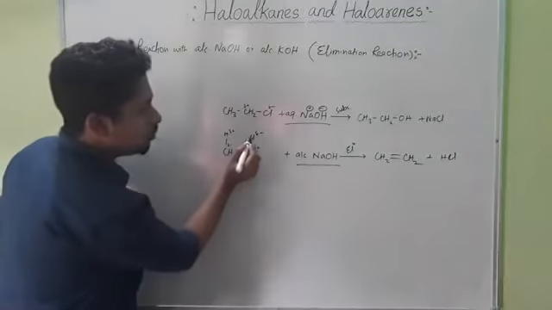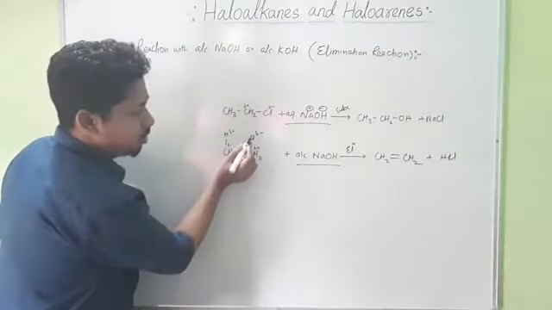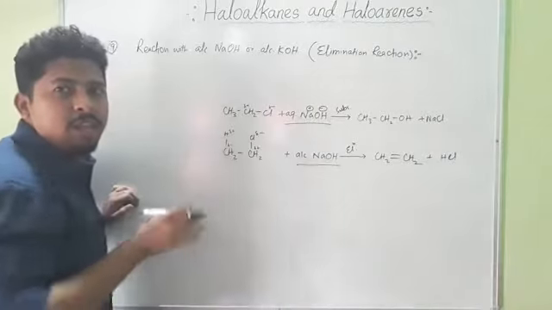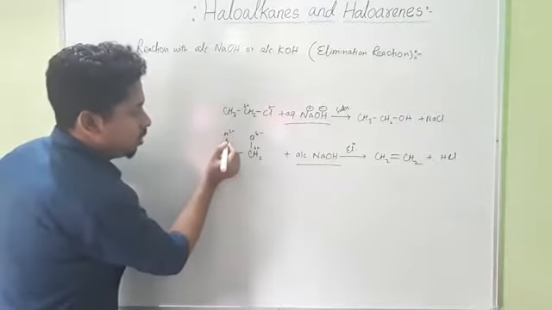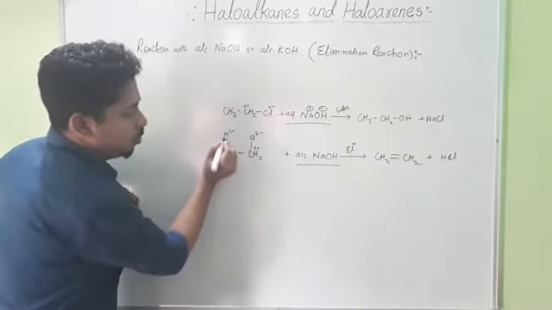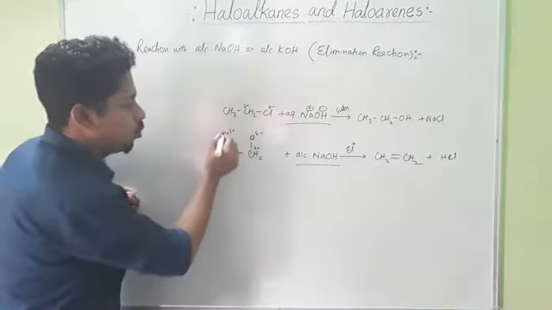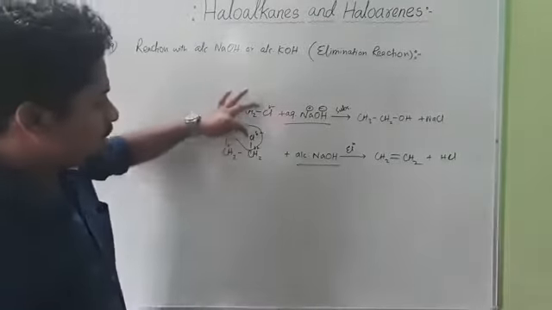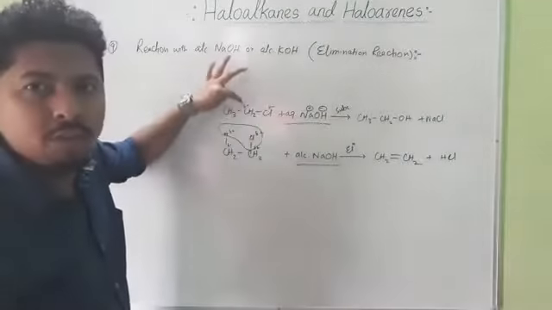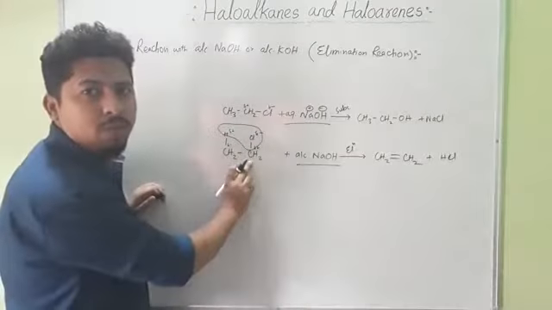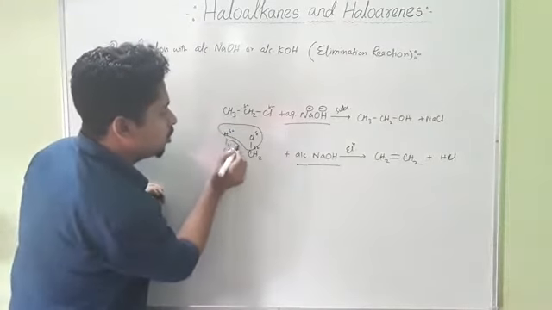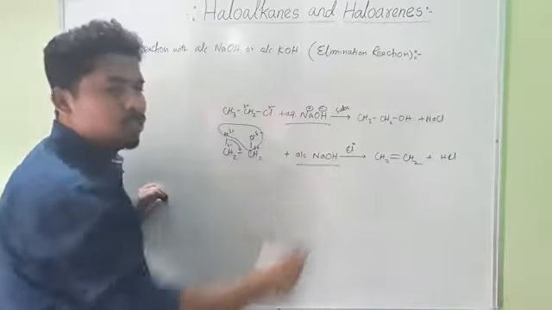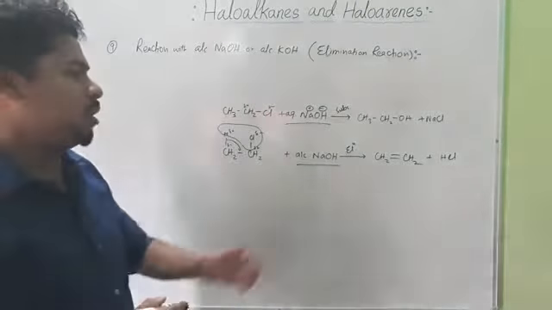When the chlorine leaves, it takes the bond with it, and when the hydrogen leaves, it leaves without taking the bond. So an HCl molecule is removed. As the Cl leaves with the bond, this carbon becomes electron deficient, so the bond shifts and here you get a double bond: CH2=CH2 plus HCl. So this is one elimination reaction.